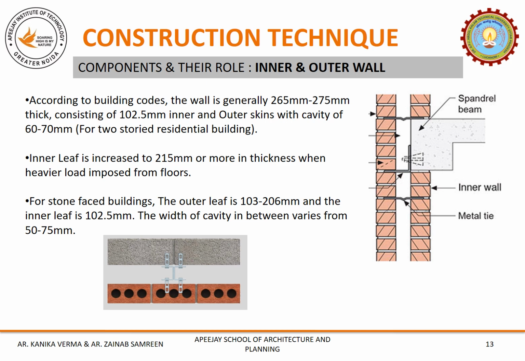Another alteration suggested is to use stone blocks in the front or outer leaf for appearance purposes. Then the outer leaf of stone can go from 103 to 206 mm thick with a half brick thick inner wall with a cavity of 50 to 75 mm thickness.